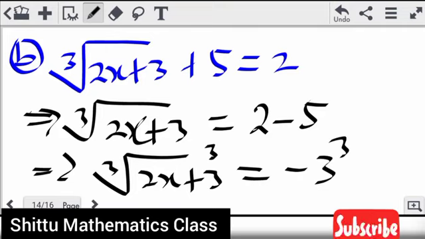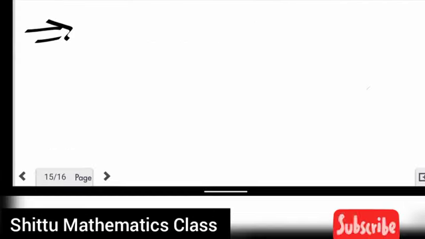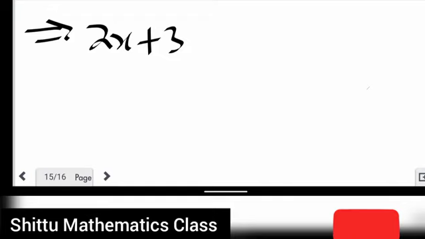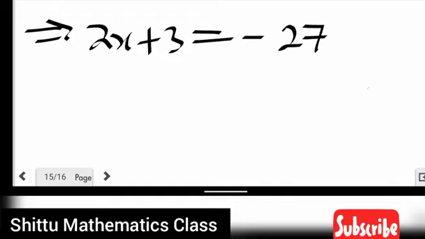Definitely we are good to go, so we can move further with our solving. By doing that, you can see that the cube cancels the radical. We have 2x plus 3 equals minus 27, because minus 3 to power 3 gives us minus 27.